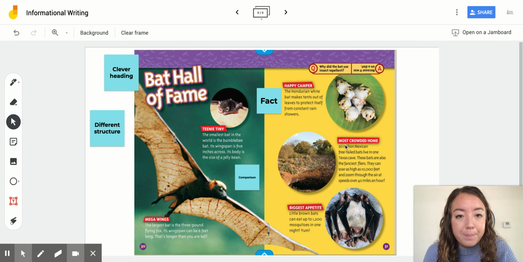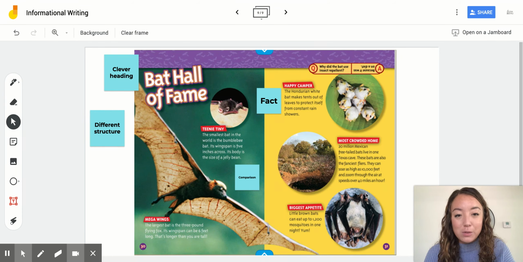Let's keep going. Most crowded home. 20 million Mexican free-tailed bats live in one Texas cave. Wow. These bats are also the fanciest flyers. They can soar as high as 10,000 feet and zoom through the air at speeds over 40 miles an hour.